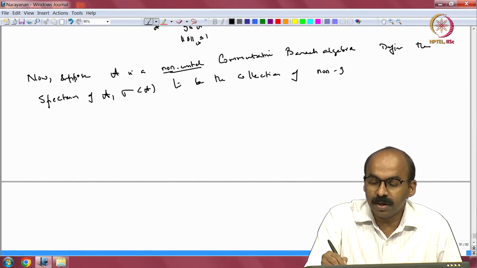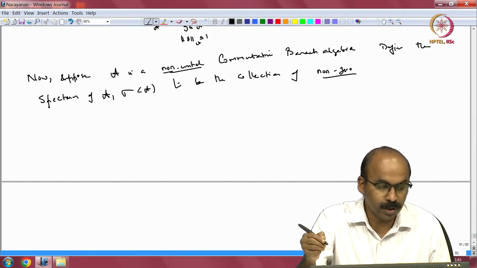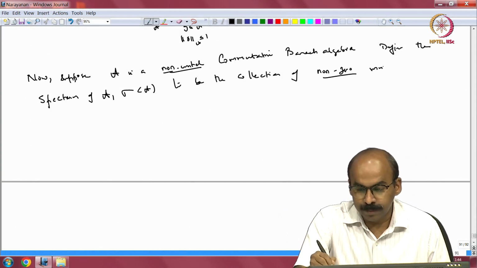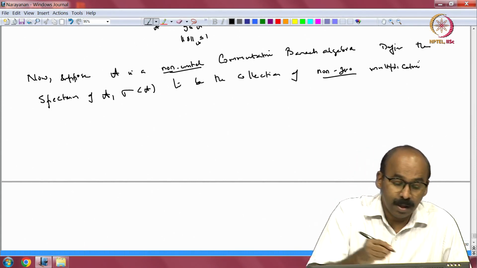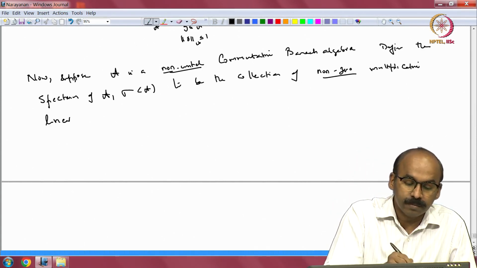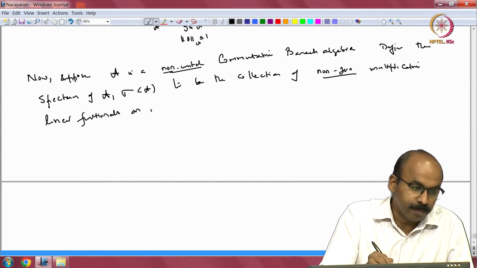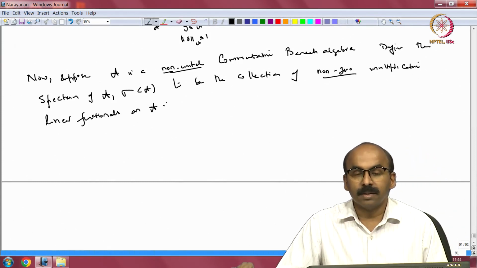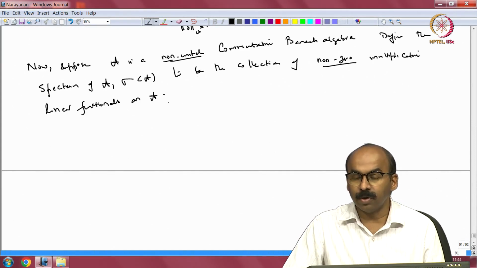non-zero multiplicative linear functionals on A. The definition is going to be the same as in the unital case. As you can't say sigma is the space of maximal ideals, because that does not make much sense.